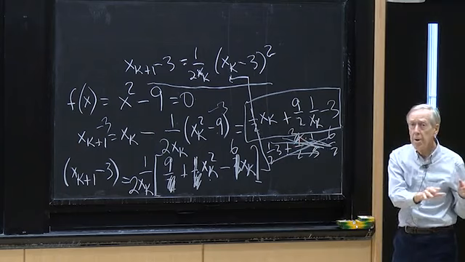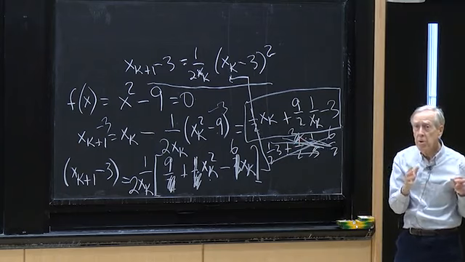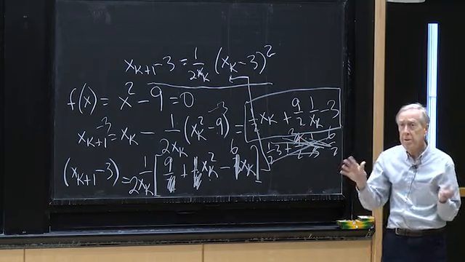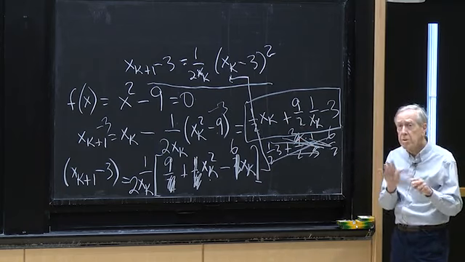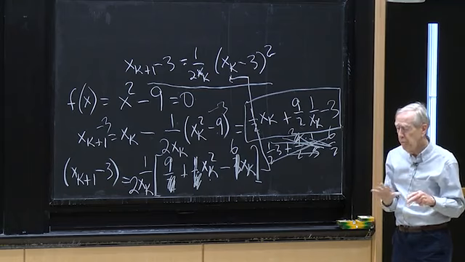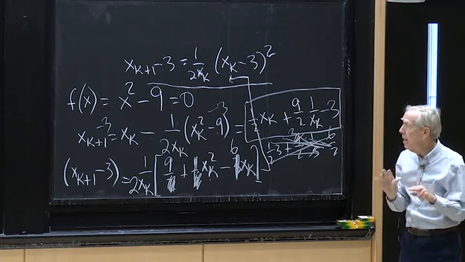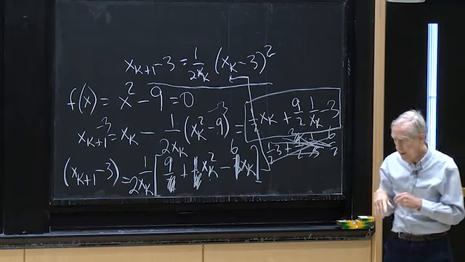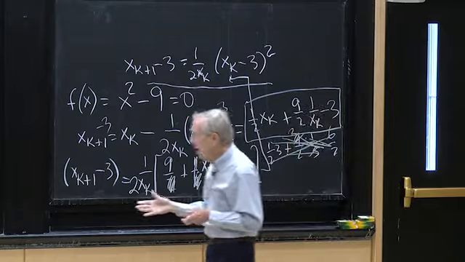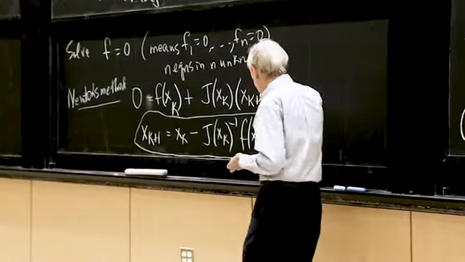Then there's all the starting points that would go to minus 3. And then there are the starting points that would blow up. Maybe for this very simple problem, the picture is not too difficult to sort out those 3 regions.